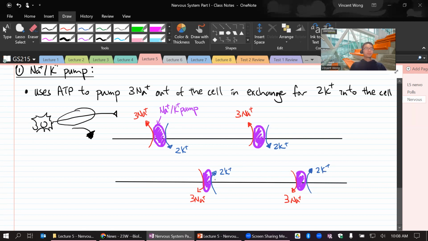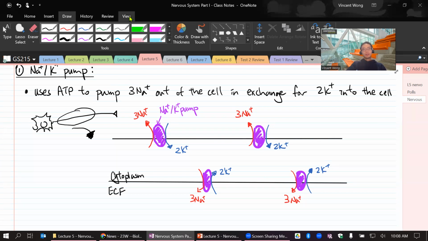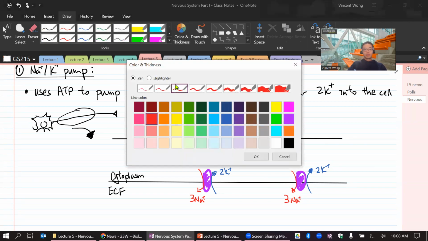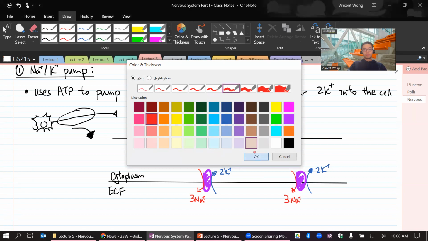Okay. Now I'm just going to put some labels here to help you orient yourself. This is the cytoplasm, like inside the axon, right? And then this would be the outside, the extracellular fluid, ECF, outside. I hope you're doing this in color, because otherwise it's very difficult to make sense of it all.